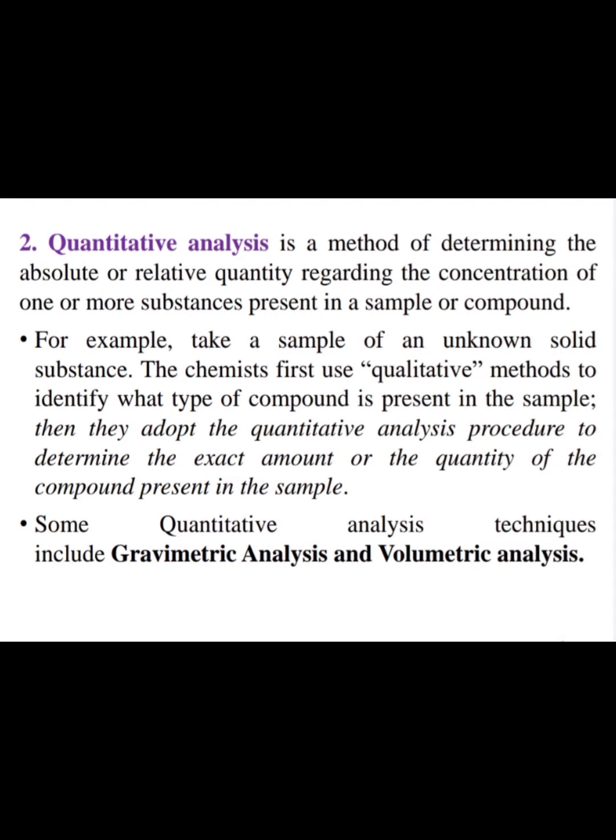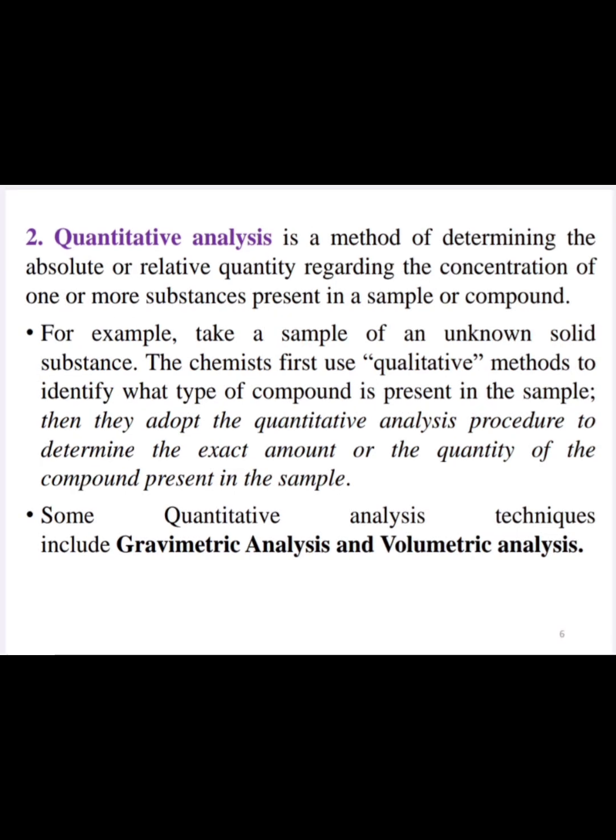Some quantitative analysis techniques include gravimetric analysis and volumetric analysis. Here, gravimetric and volumetric are the two types of analysis performed in the lab for the determination of salts. So till now we have seen the types of analysis, that is, qualitative analysis and quantitative analysis.